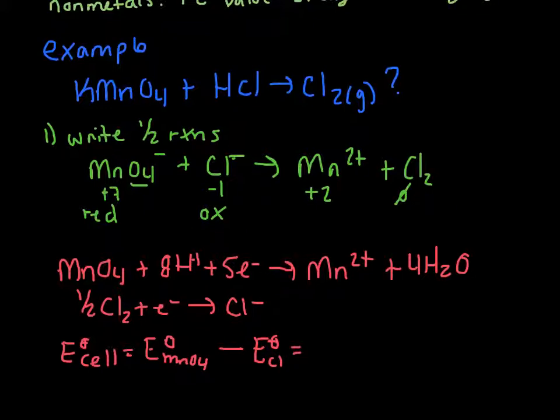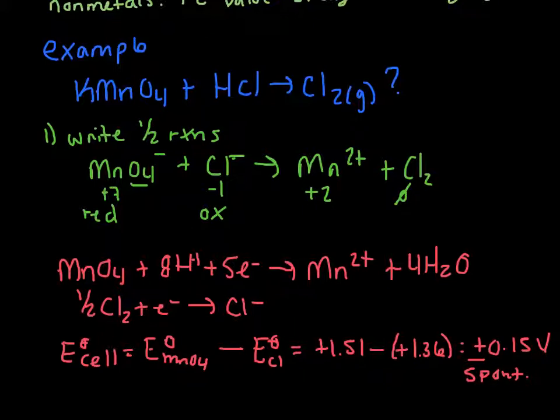Permanganate on table 14 has a +1.51 value minus a +1.36 value for chlorine, which gives you an overall +0.15 volts. Because we have that plus sign, this is going to be spontaneous.